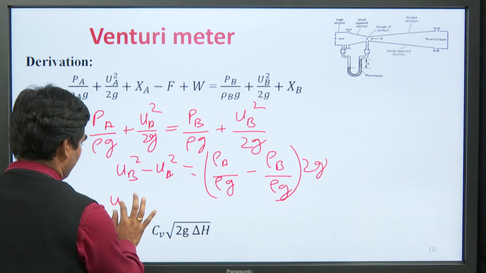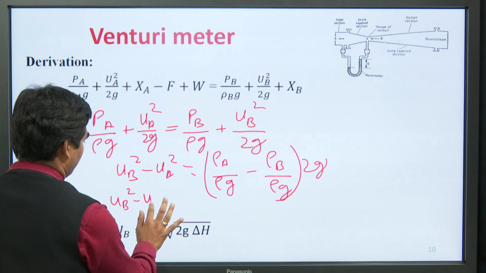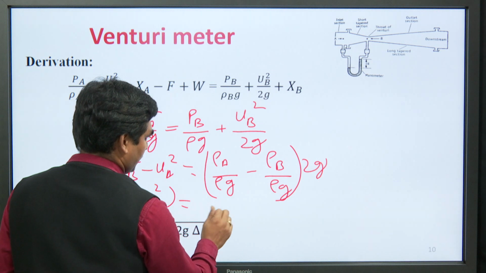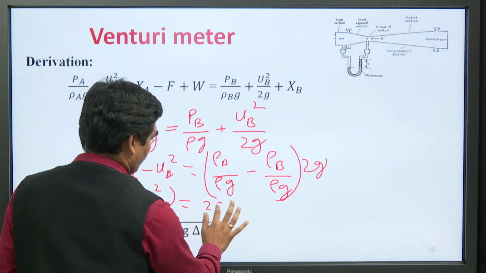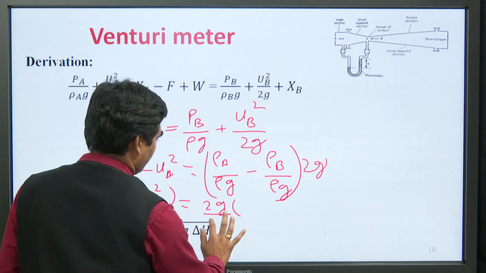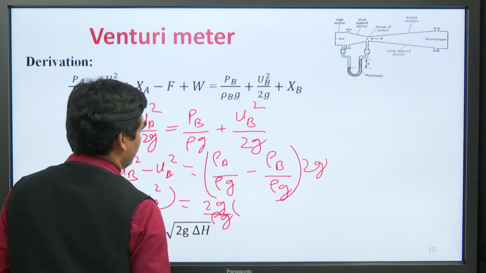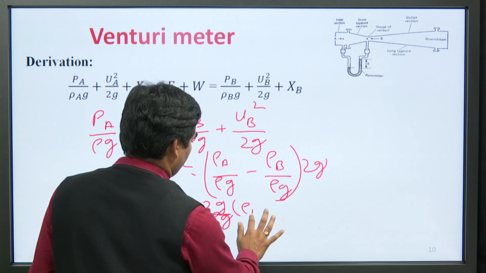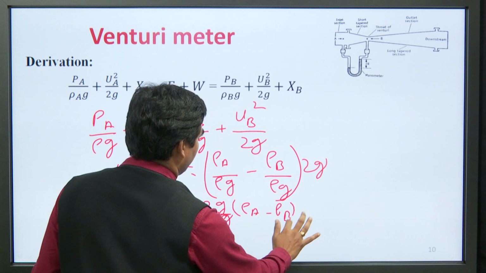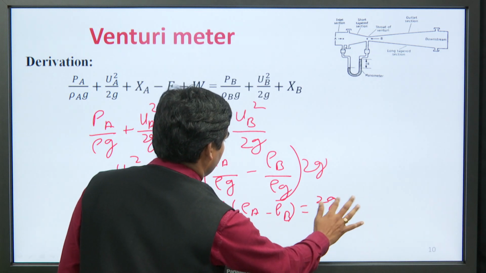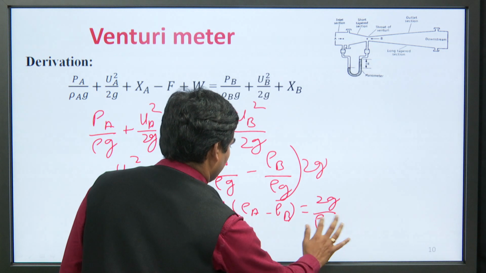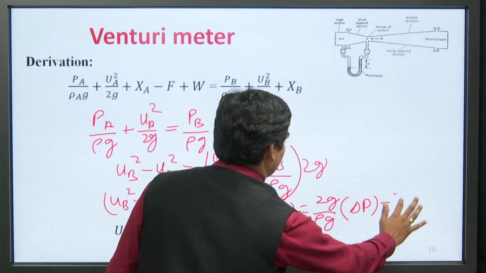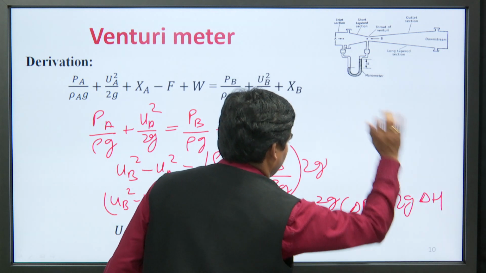Finally, u_B square minus u_A square is equal to 2 g by rho g into (P_A minus P_B), which is equal to 2 g by rho g into delta P, that is equal to 2 g delta h.